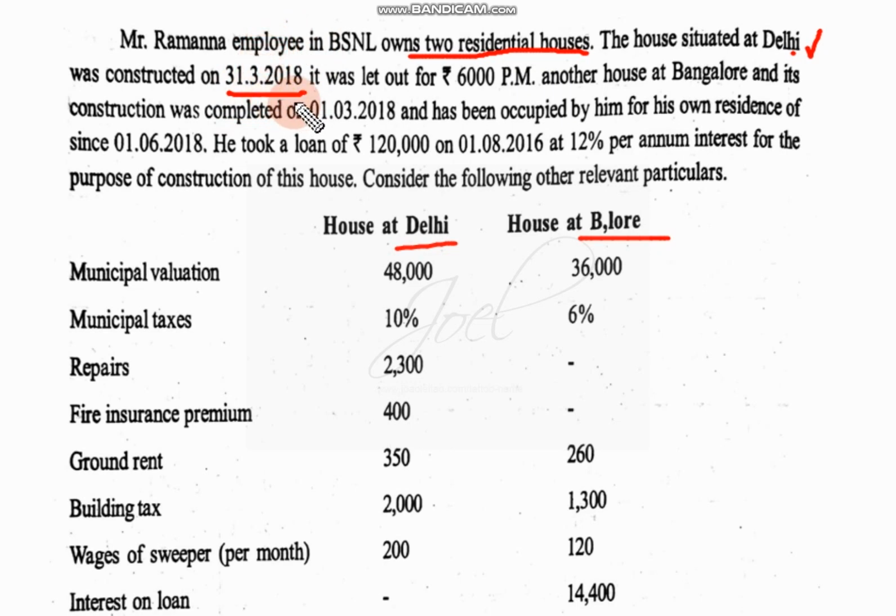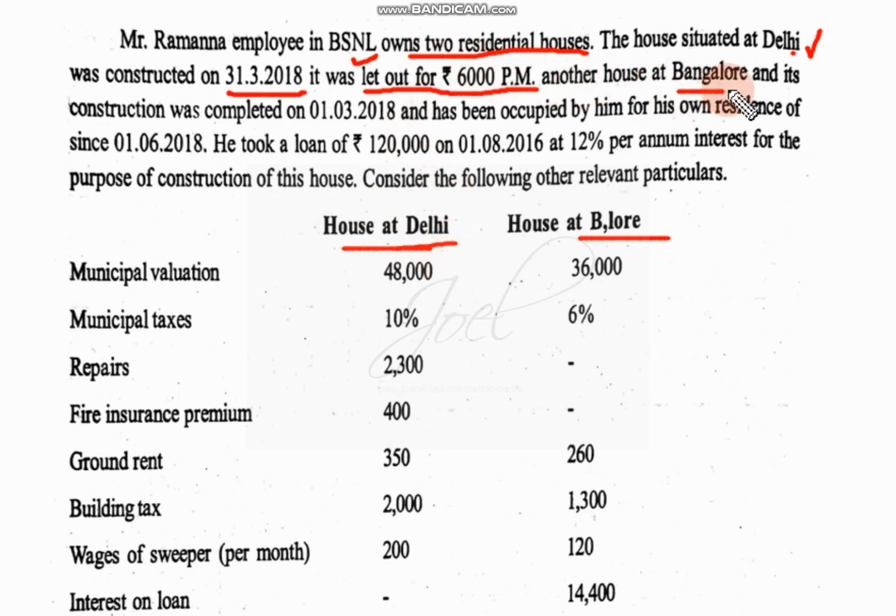For the construction of this house, if a loan is taken, then this information is useful, otherwise it is not useful. Then it is let out for a rent of rupees 6,000 per month, for residential purpose to someone else. So one thing is clear, the Delhi house is let out.